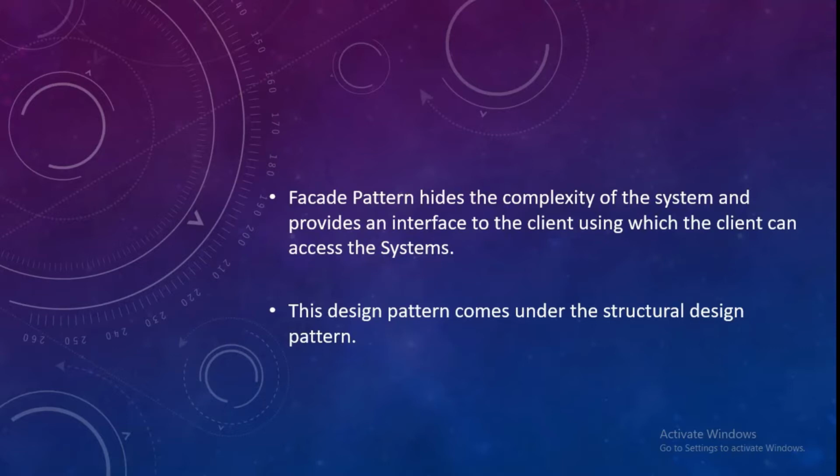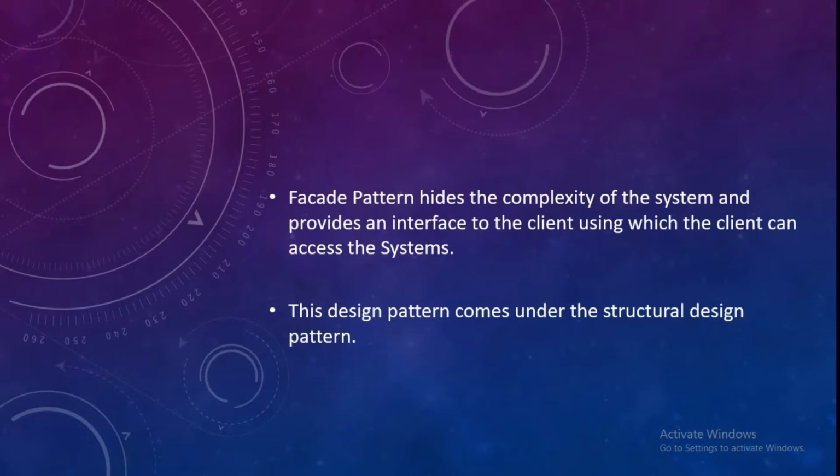It is basically a kind of front layer where all the subsystems can hide their complexities behind this facade layer. So it is providing an interface by which only the client can interact, and the internal complexity of the system will be hidden by this facade pattern.